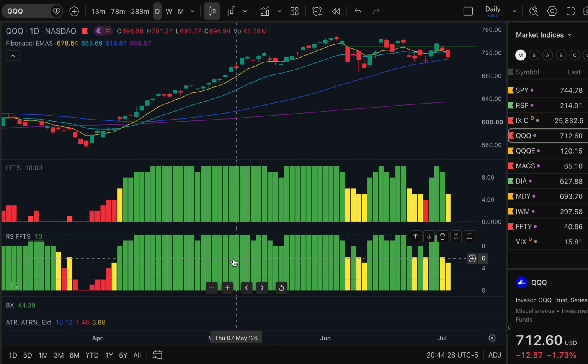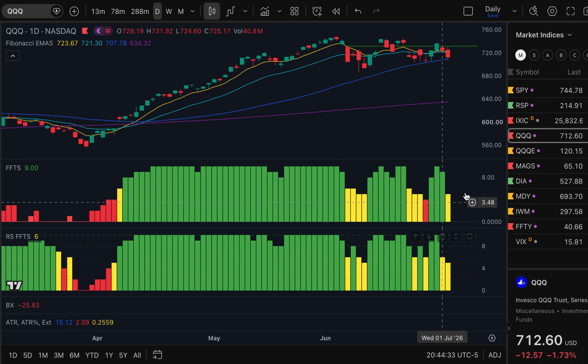But when there is a noticeable difference, that could be meaningful. So this is how I track the trend of the relative strength line. And we'll look at some examples with different charts where we can see where there are some notable differences between the price trend and the relative strength trend.